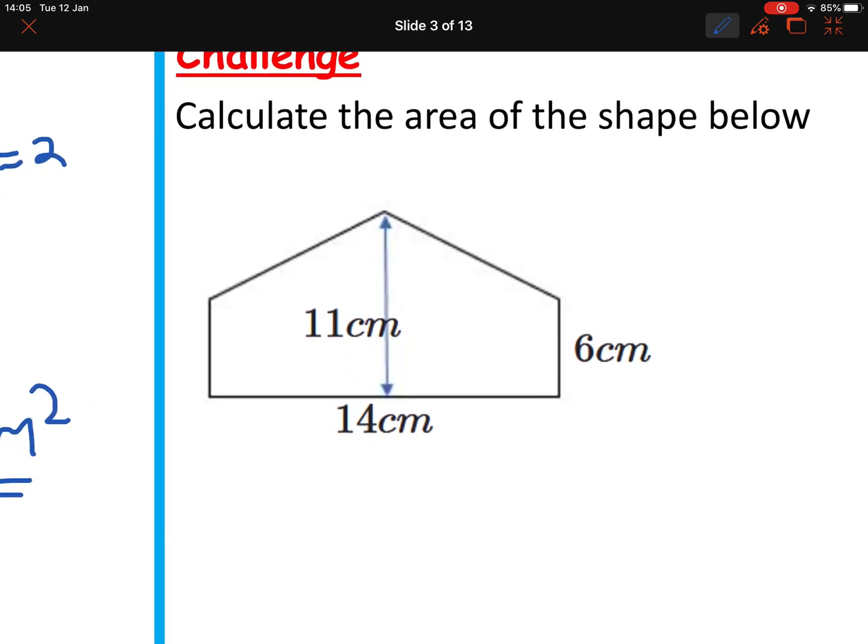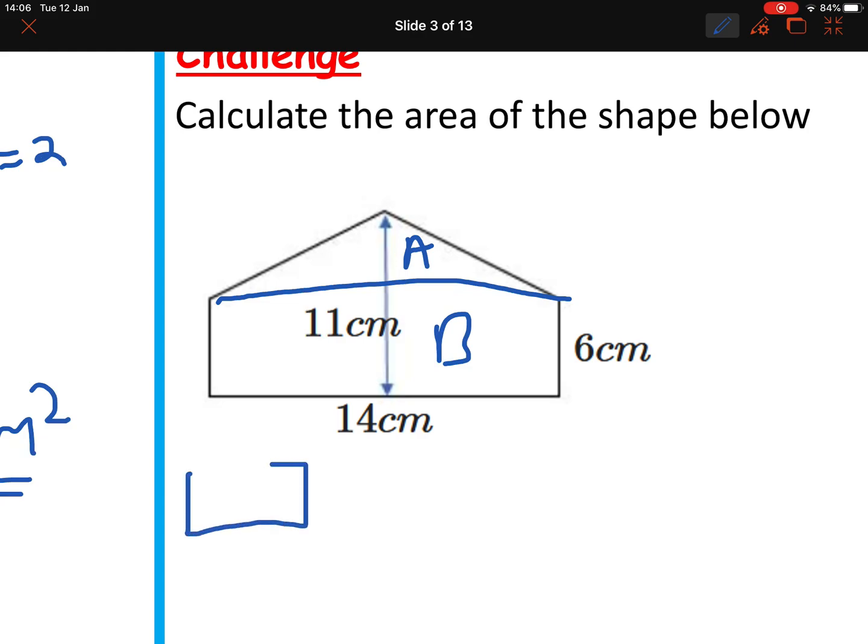Let's move on to our second question. Now, with something like this, you've got a rectangle and a triangle. Just label those A and B. Now, to find the area of a rectangle, if we do that first, I'll do that down here. That would be a 14 by 6 rectangle, okay?